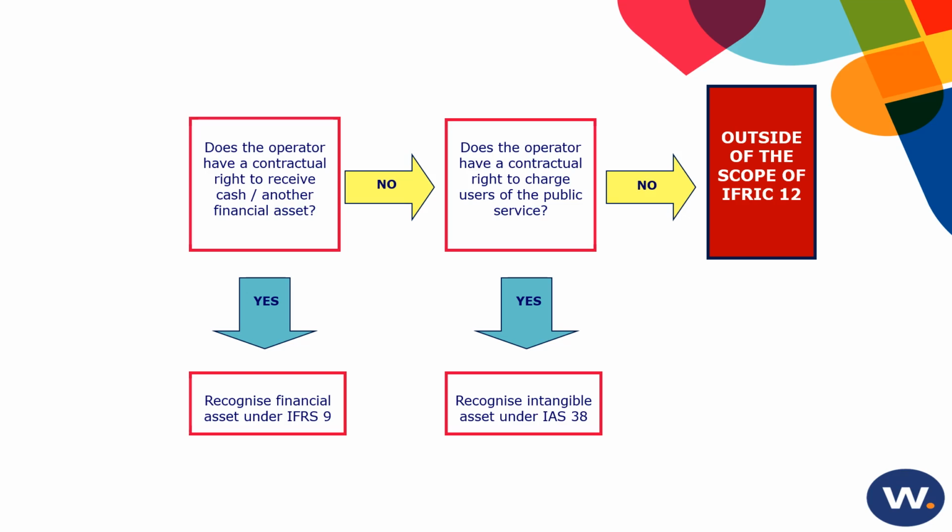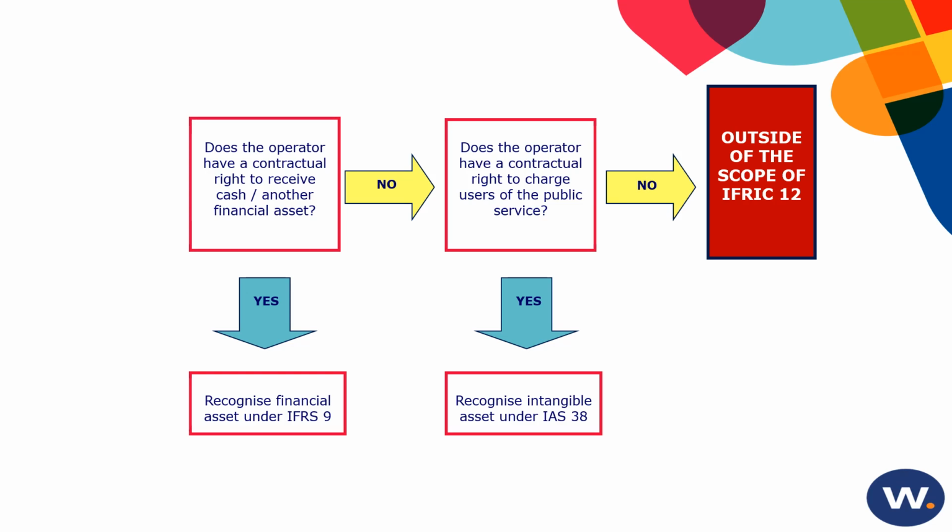If the answer to this is yes, the operator should recognize a financial asset in accordance with IFRS 9. IFRS 9 contains requirements which specify the subsequent treatment of financial assets, being whether these assets will subsequently be recognized at amortized cost, fair value through profit or loss, or fair value through other comprehensive income.